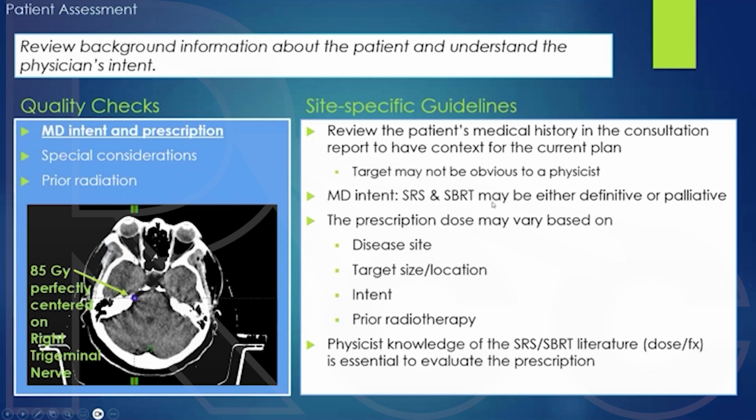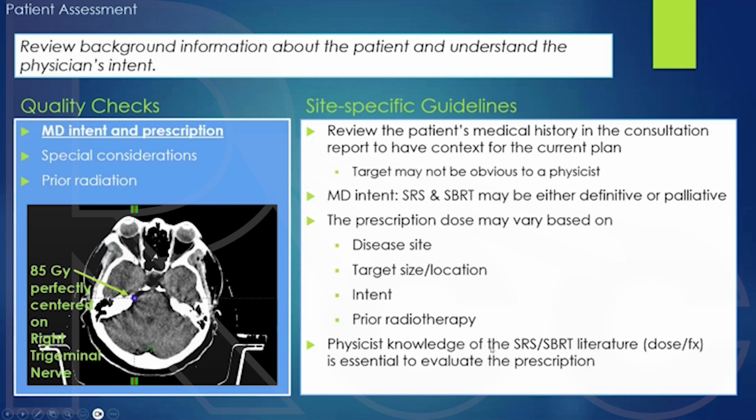The physician intent for SRS and SBRT may either be definitive or palliative. It's important to know which is which. And the prescription dose may vary based on the disease site, the target size and location, the physician's intent, and any prior radiotherapy.